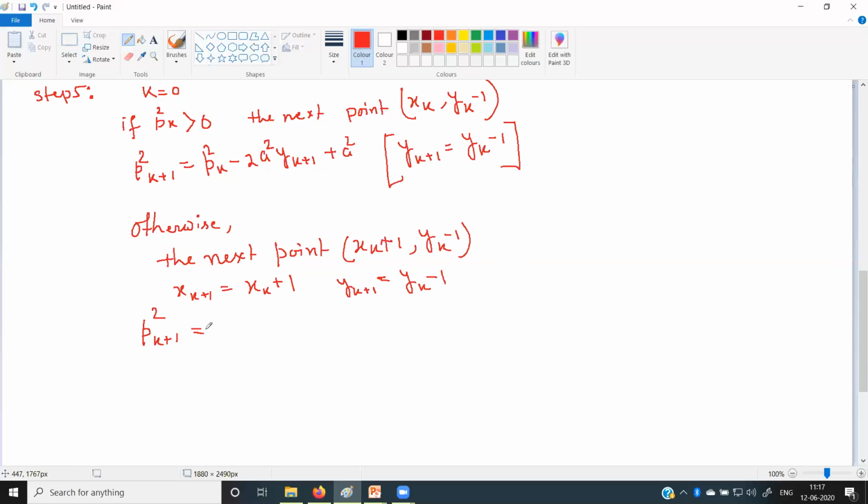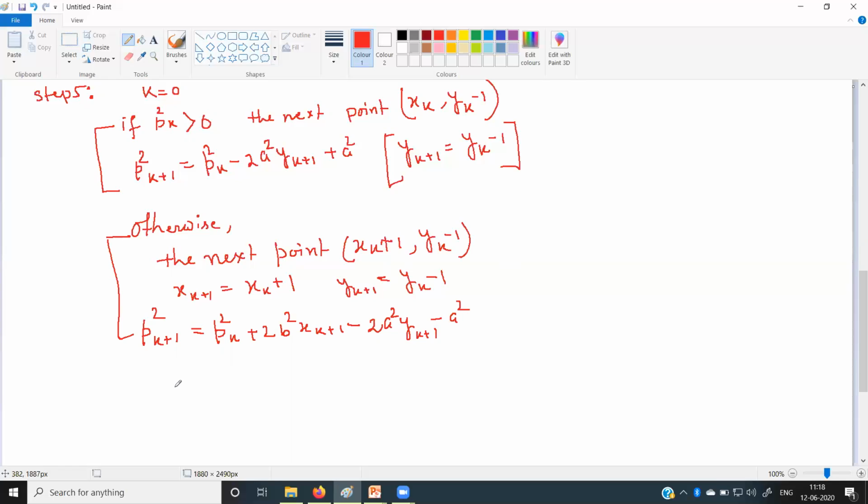So under this else part, we will write p of k for the region 2 plus 2b square x of k plus 1 minus 2 a square y of k plus 1 minus a square. Okay. So this is my else part and this is the if part.